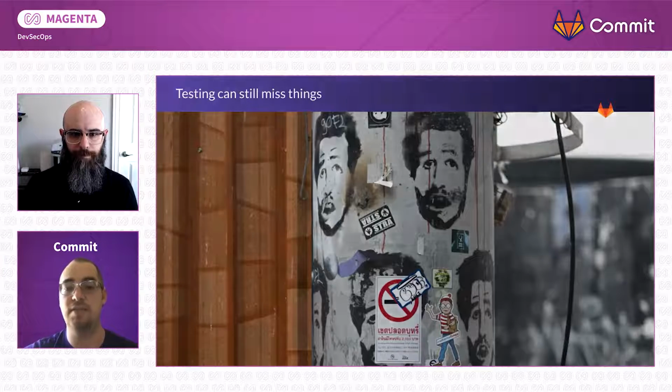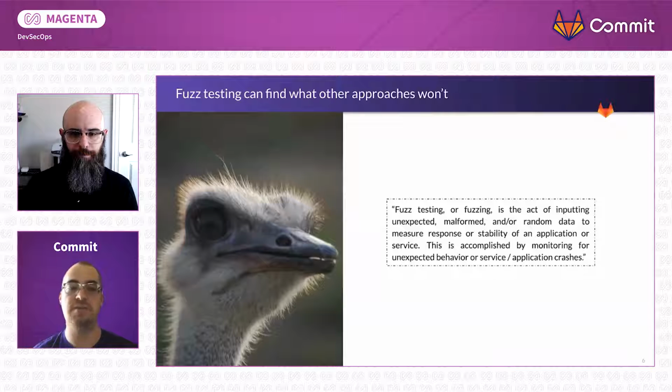And this is where fuzz testing can come in, because fuzz testing is designed to catch things that other approaches won't. The definition of fuzz testing really is about giving your application random inputs, sometimes thousands or even millions, to find edge cases that might cause your application to crash or perform in some way that you're not planning on, and that could possibly be exploited by an attacker.